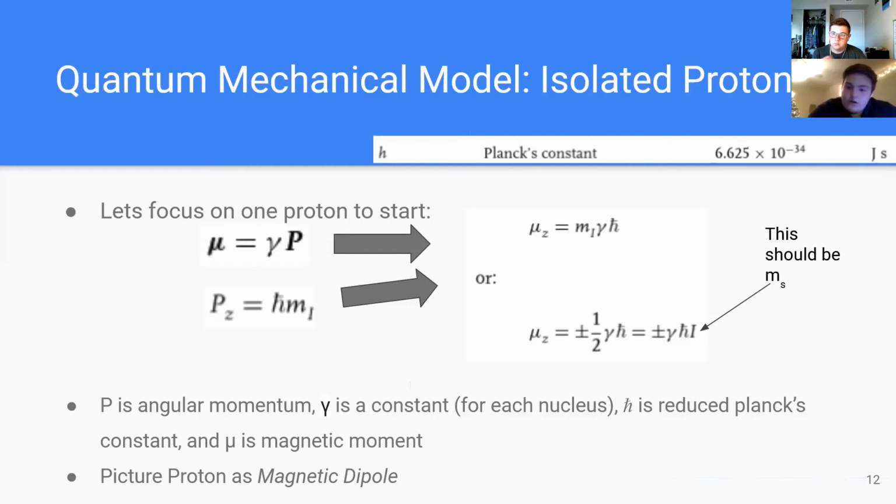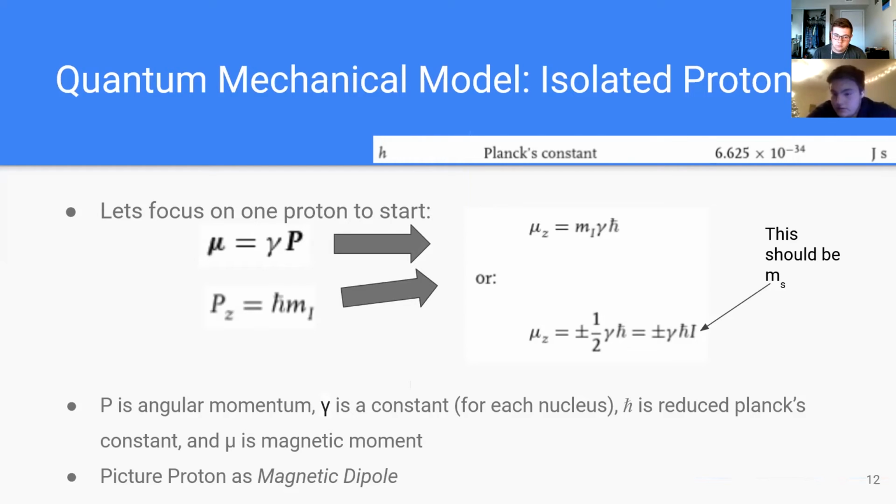As well, from previous modern physics knowledge, we know that angular momentum P is equal to h bar times m sub I. M sub I is your magnetic quantum number, and h bar is your reduced Planck's constant, which is just Planck's constant, up on the top right there, divided by 2 pi.